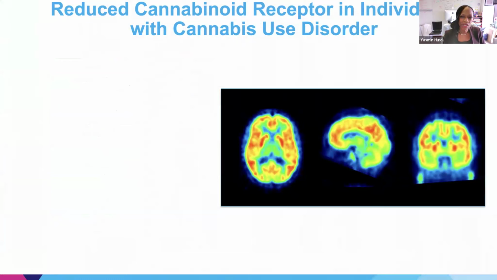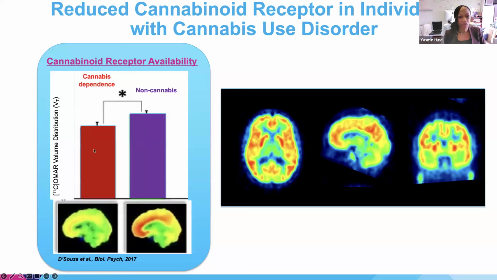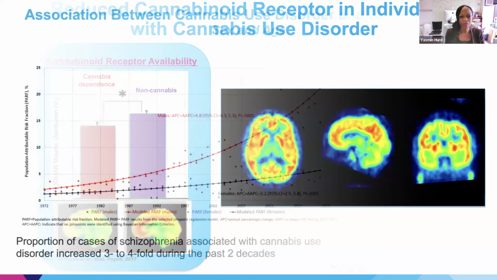So what does the endogenous cannabinoid system look like? People have done neuroimaging looking at cannabinoid receptors in those who have cannabis use disorder. They could see that compared to healthy individuals, those with cannabis dependence have much lower cannabinoid receptors, because their receptors are being bombarded with THC, so these receptors become internalized.